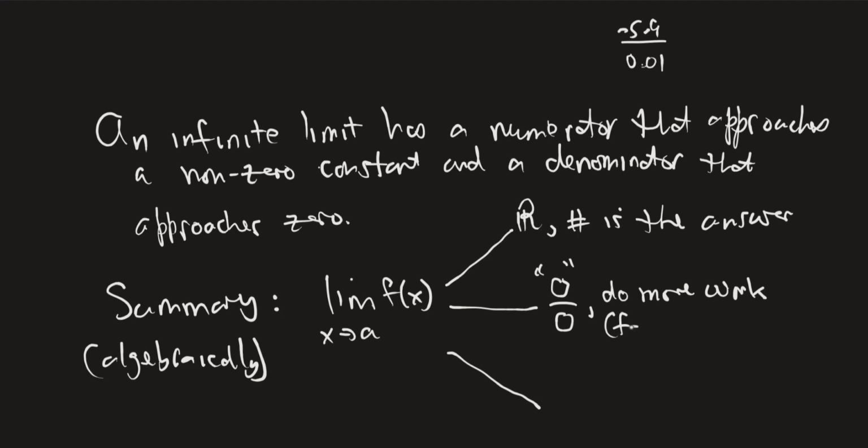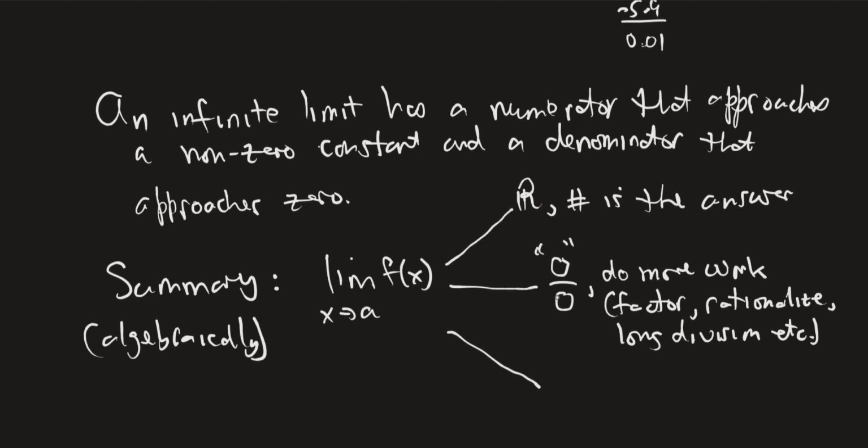You might have to factor, or rationalize, or do long division, etc. So all those algebraic tricks that we've gone through. But again, this just means indeterminate, and I can't stop here and say what my answer is.